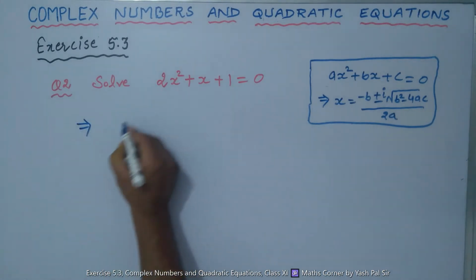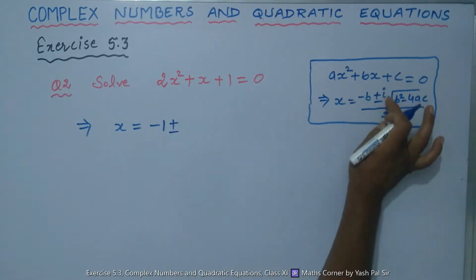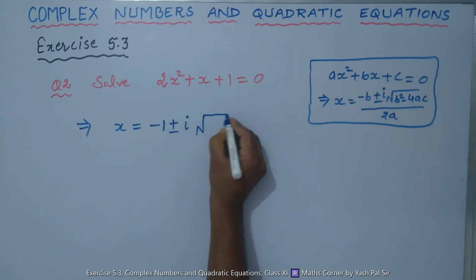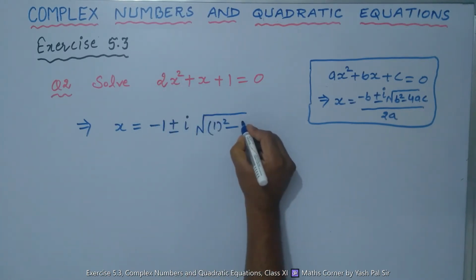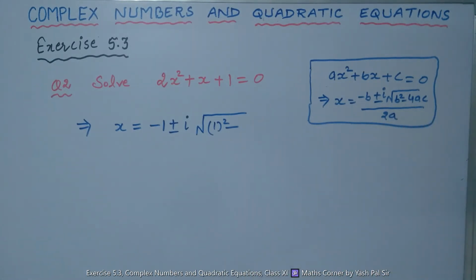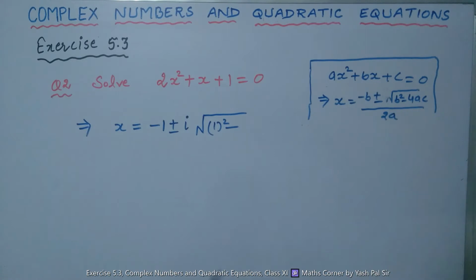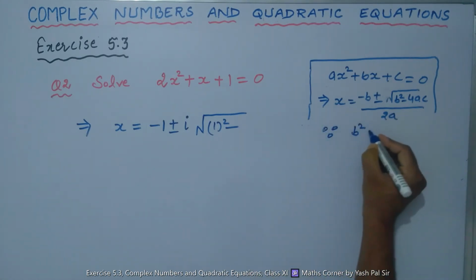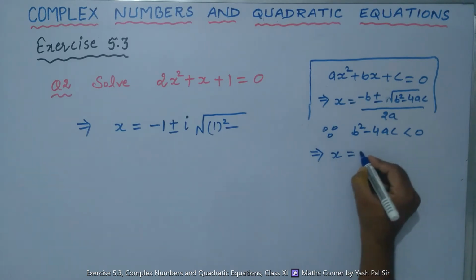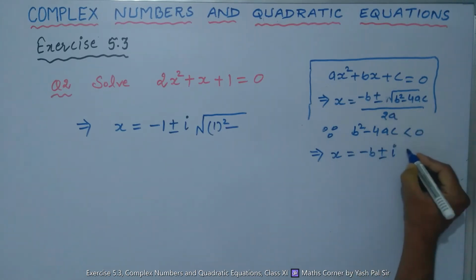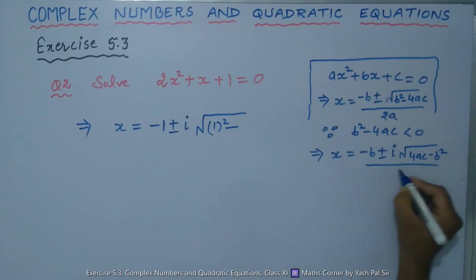So this way, first of all we write this equation as it is, but because b square minus 4ac is less than 0, we write x is equal to minus b plus minus iota square root of 4ac minus b square upon 2a.